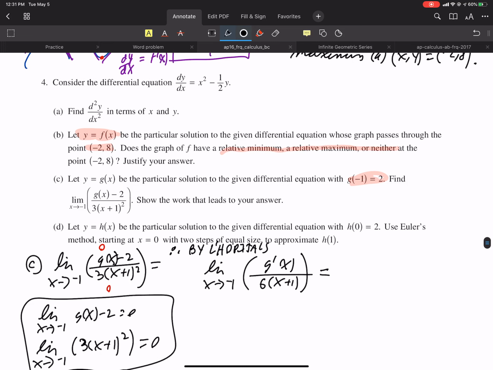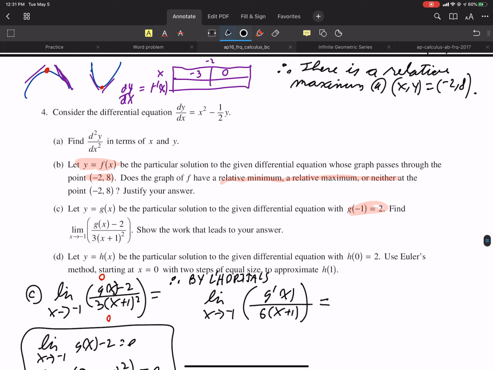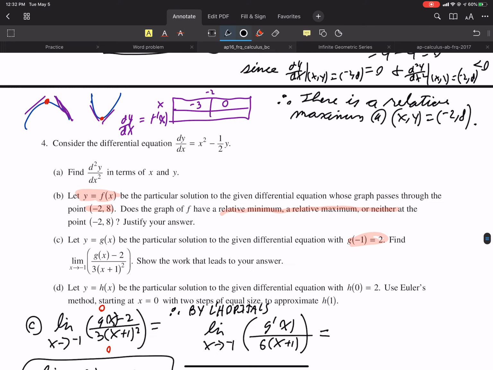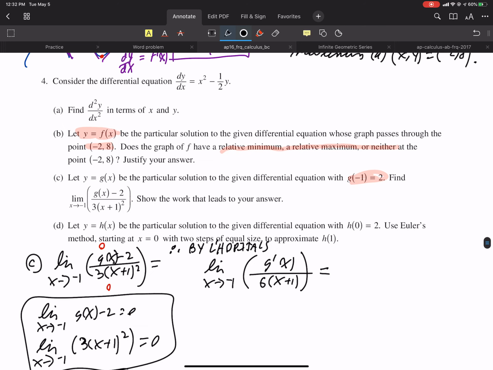Now, what's g prime at negative 1? Well, did we find that earlier, or are we going to have to figure that out? We are going to have to figure that out, I believe. Because we have the derivative, we're going to take this equation and plug in negative 1. So dy dx, where x equals, oh, whoa. Let my brain think. Oh, they give us that one.